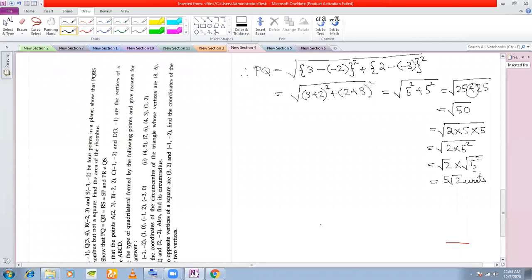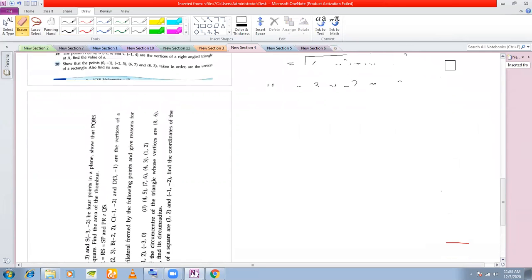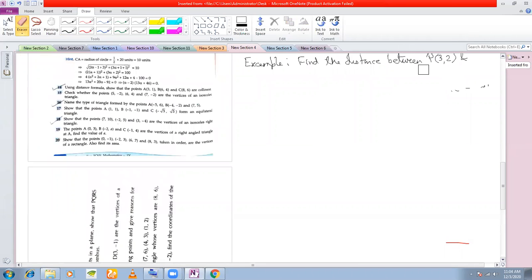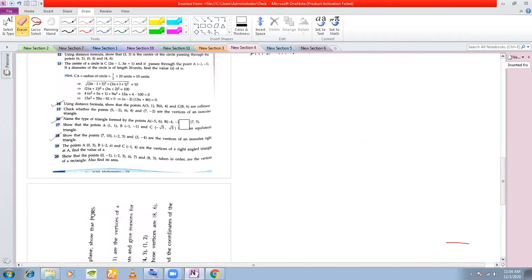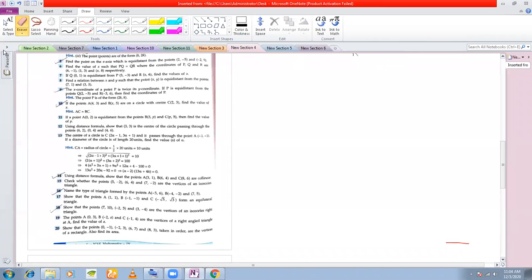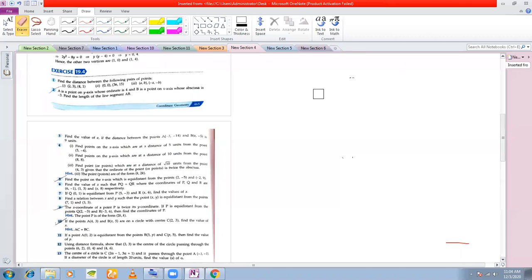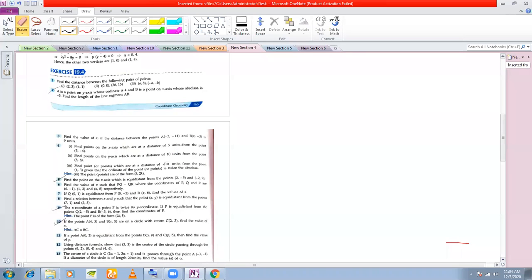Now, once through with the examples, we start with the first problem, exercise 19.4. Problem number 2. See this problem number 2 here.